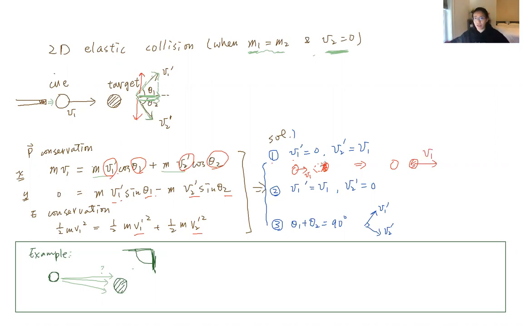So this is a head-on collision, where the moving ball transfers all of its momentum to the second ball, and the second ball goes off. This is a head-on collision.